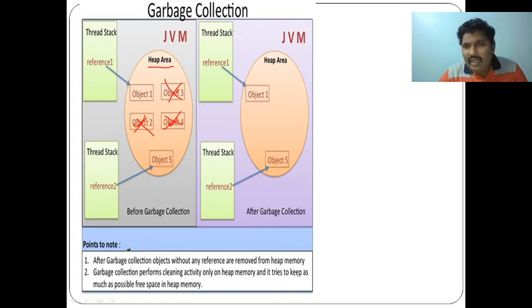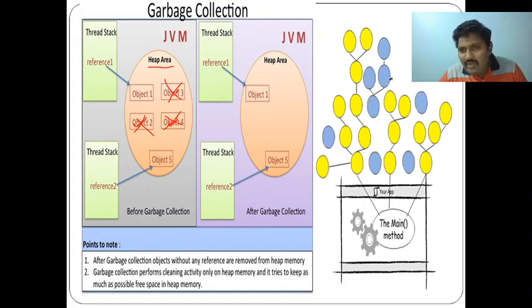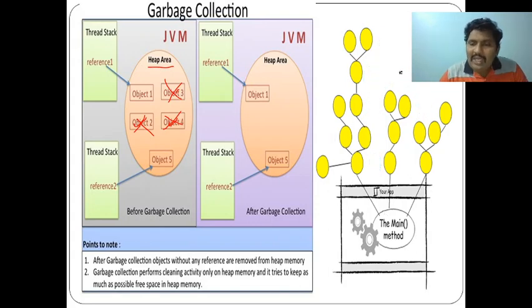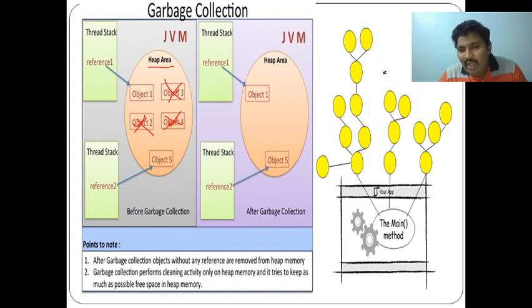Also, graphically, I will show one image so you can understand. See this. I have a program. In my program, I have yellow circles. Yellow circles are the objects referenced by the main method, and I have some objects in blue color which are not used by my program. The objects in blue are those which do not have a reference from any program.